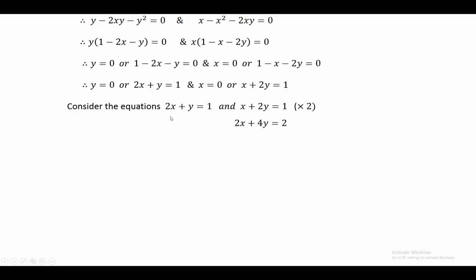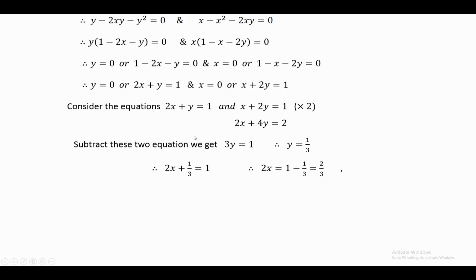So 2x cancel, 4y minus y is 3y and 2 minus 1 is 1. 3y equal to 1, so we get y equal to 1 by 3. Put the value of y is 1 by 3 here, so we get 2x plus 1 by 3 equal to 1.